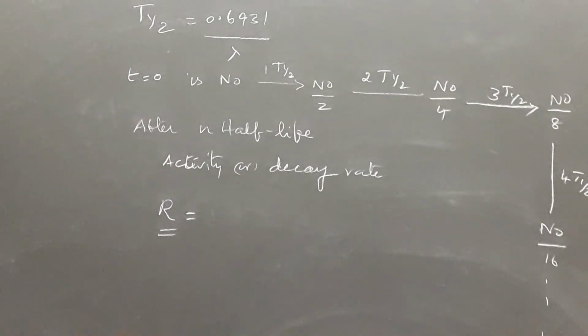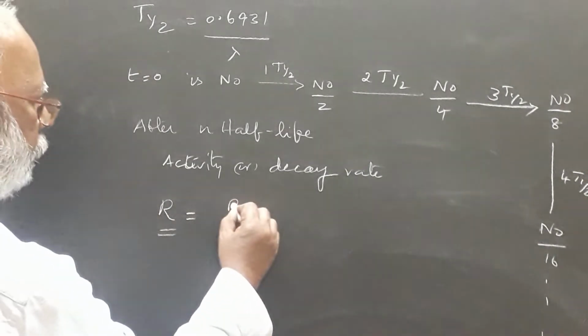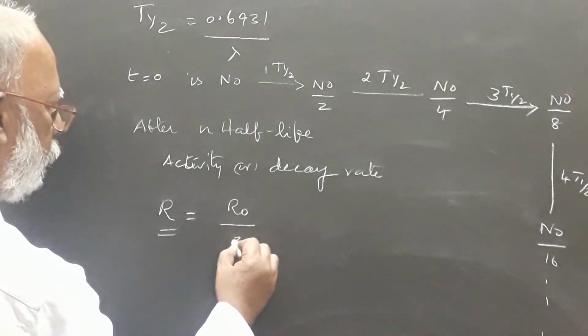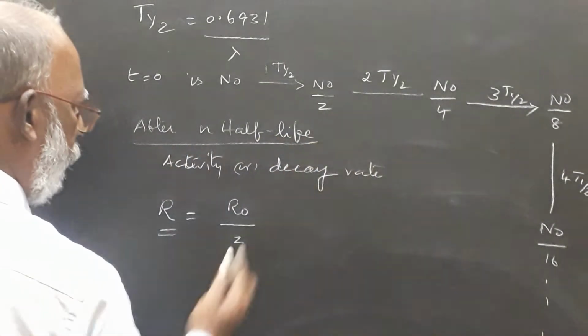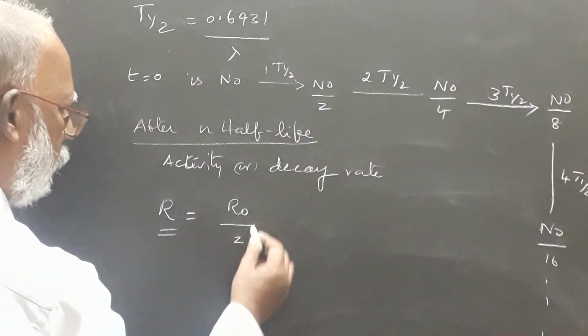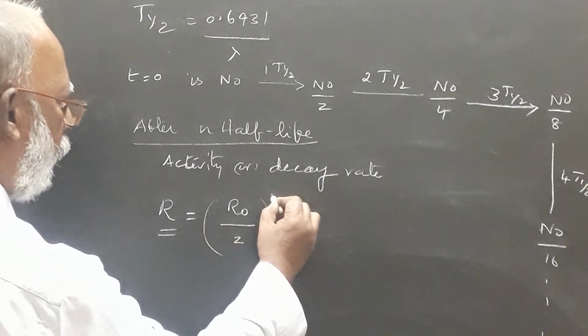R is equal to R naught by 2, after n half-lives, that is, the whole power n.